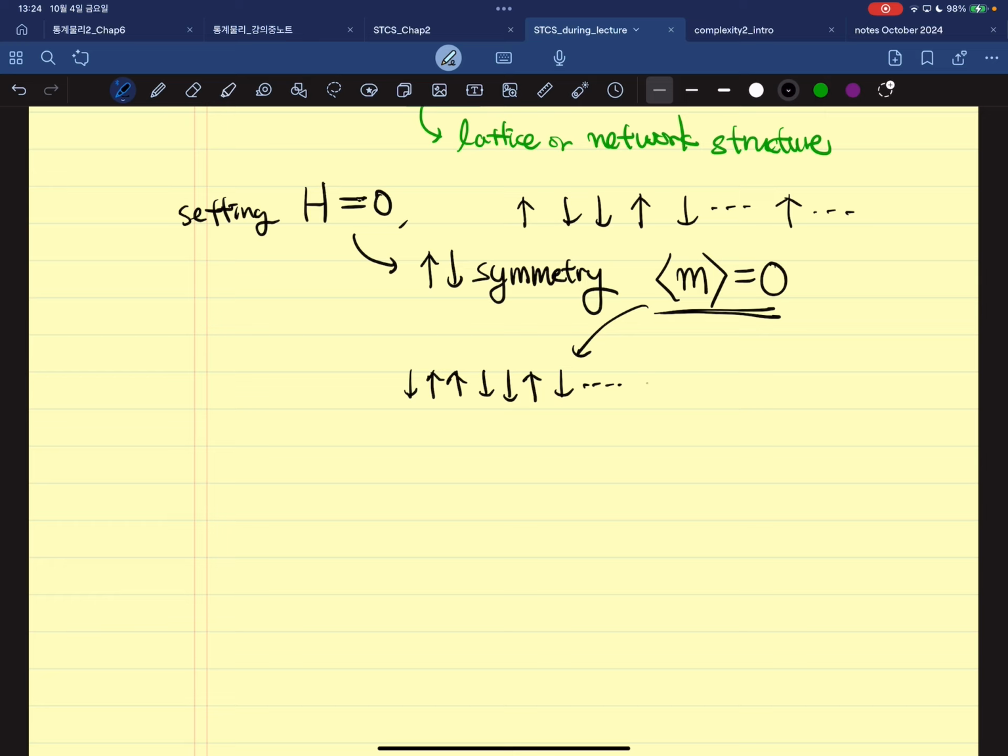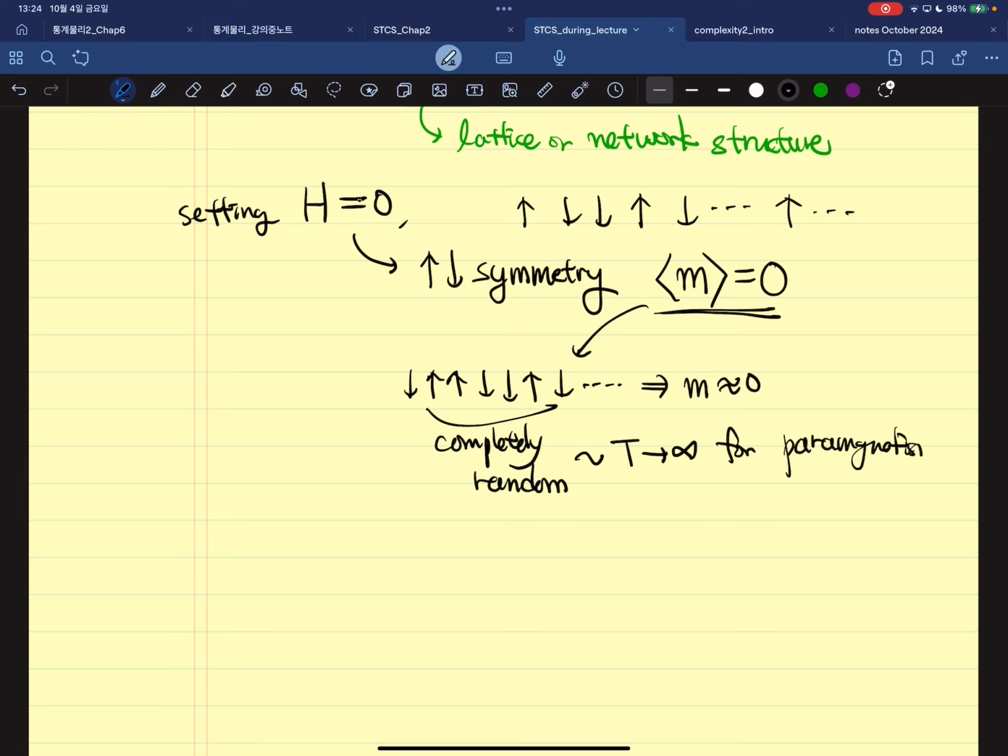Then the average magnetization would be 0, or at least very similar to 0. It's the completely random configuration. And this is very similar to T goes to infinity for paramagnetism. Or rather, you have to specify that H over kT goes to 0.